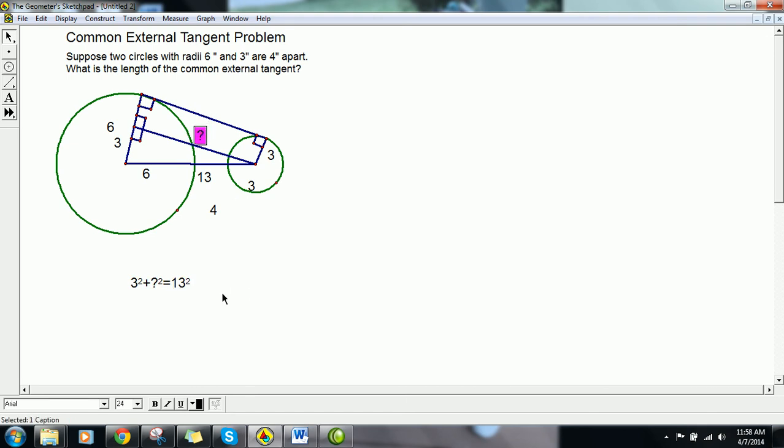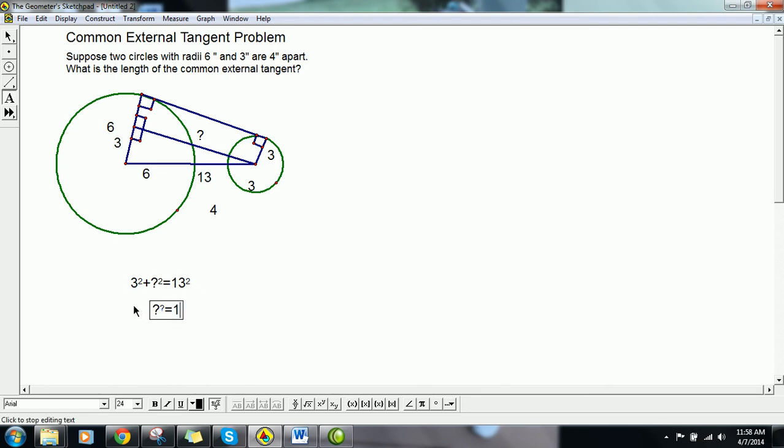All right, so now I just solve for the question mark. Question mark squared is 169, which is 13 squared, minus 9. That's kind of annoying with the question mark, but we'll keep it as question mark. So whatever we're looking for squared is equal to, if we do this out, 169 minus 9.